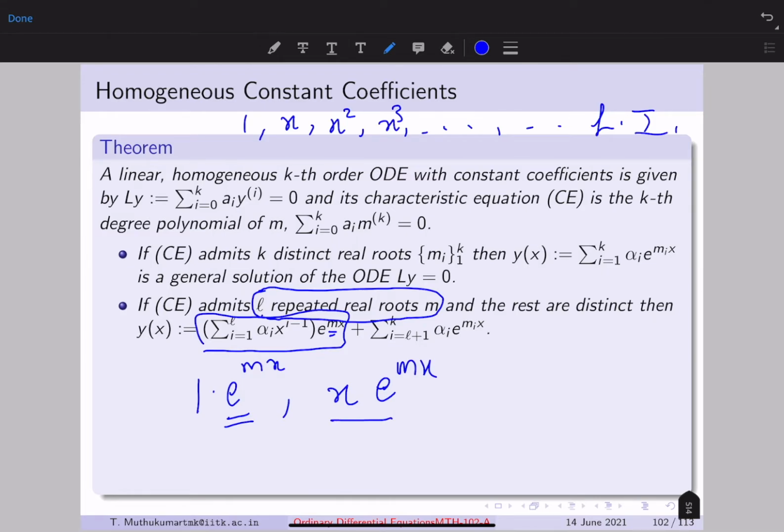Since you have L repeated roots, you need to do this, and since this is k dimensional, you should have L linearly independent functions to start with, so that when you mix with the rest of the distinct roots here, you will have totally k linearly independent solutions. So you take e power mx, x e power mx, and do this up to x power L minus 1 e power mx.